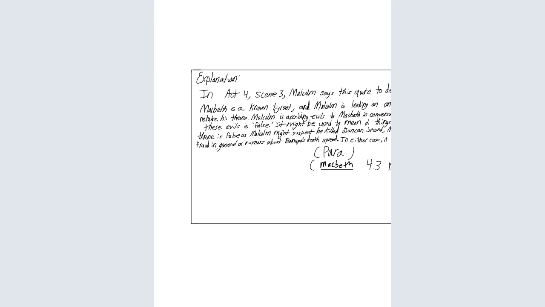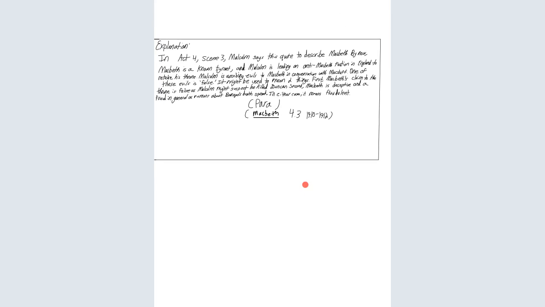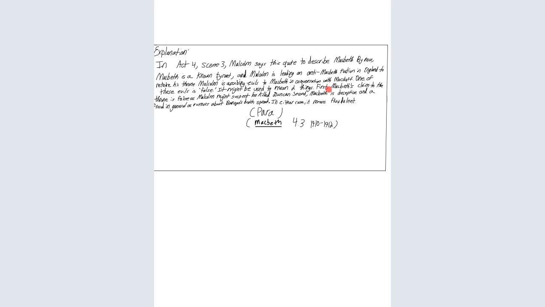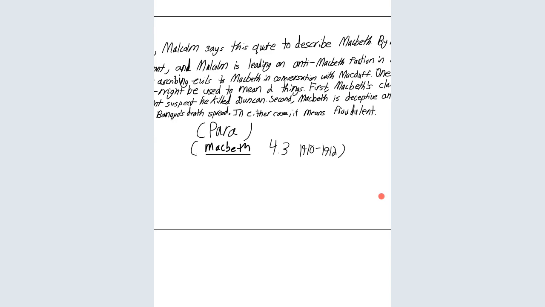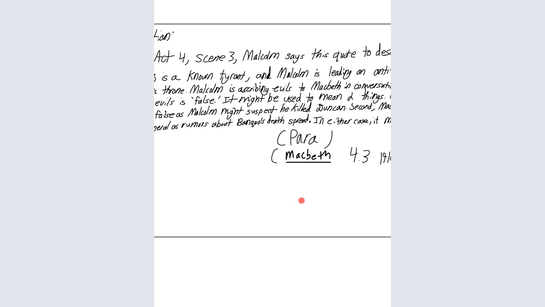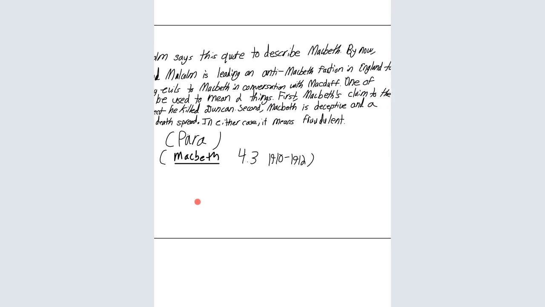And then let's go see what it means in context. He writes a good amount here in his own words. In Act 4, Scene 3, Malcolm says this quote to describe Macbeth. By now, Macbeth is a known tyrant, and Malcolm is leading an anti-Macbeth faction to England to retake his throne. Malcolm is describing evils in conversation with Macduff.